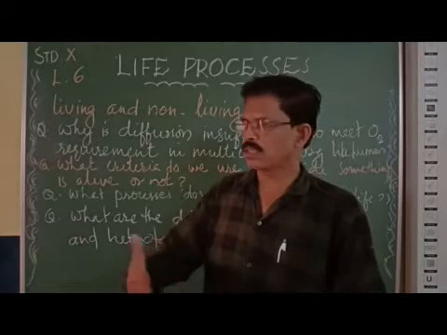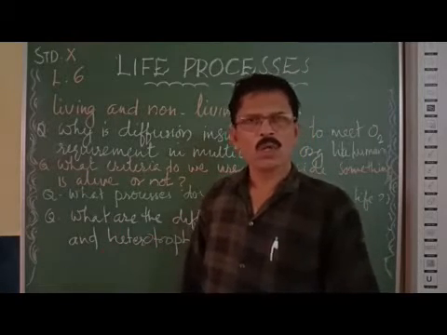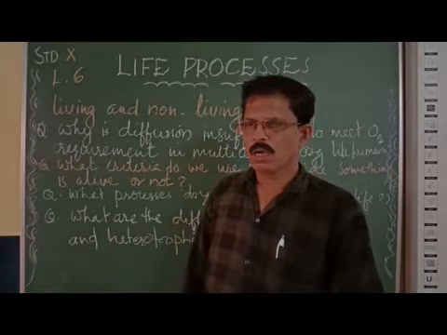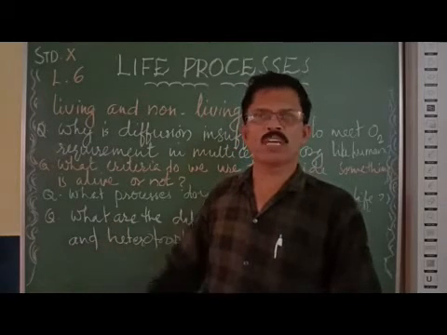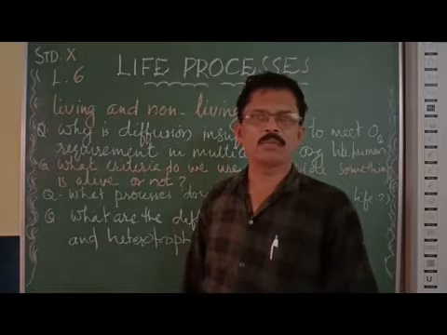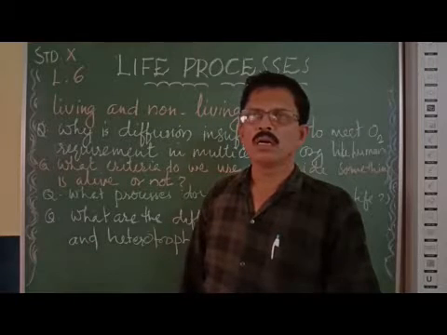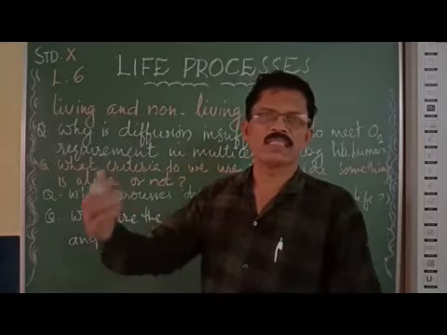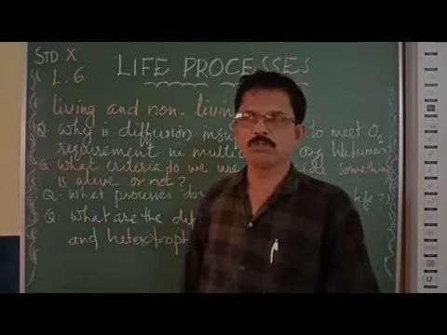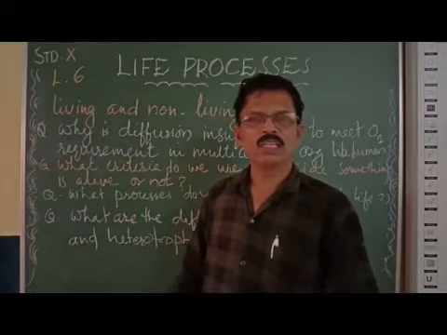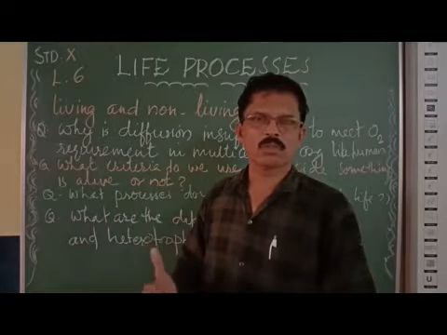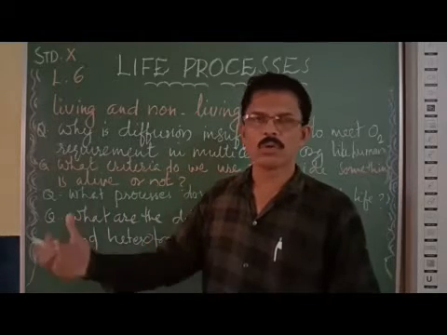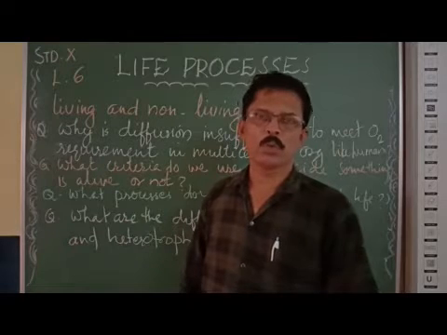That is the complexity in multicellular organisms. But due to the effect of the environment, there is a continuous breakdown and damage of this organization going on in our body.